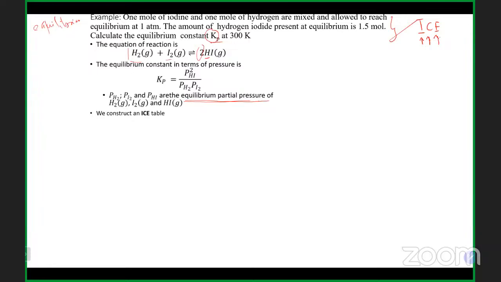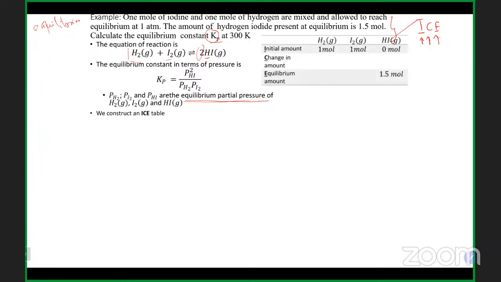And then E is equilibrium amount. So this is our table. The table contains the ICE in rows. So we want to fill it out. In the table, each column stands for all the species present in the reaction mixture.